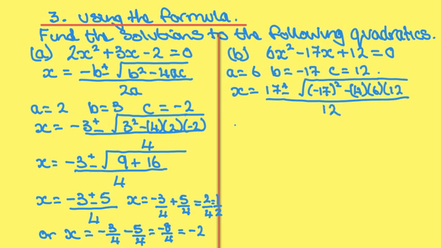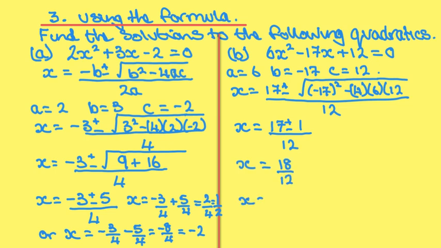Therefore, you get x is equal to 17 plus or minus 1 over 12. Therefore, x is equal to 17 plus 1, which is 18 over 12.